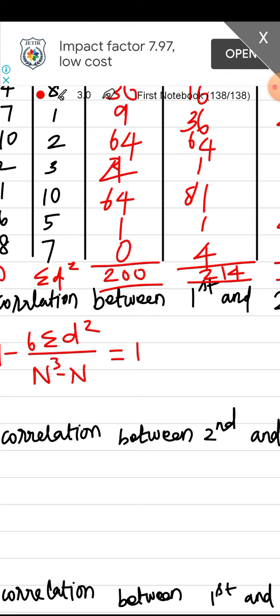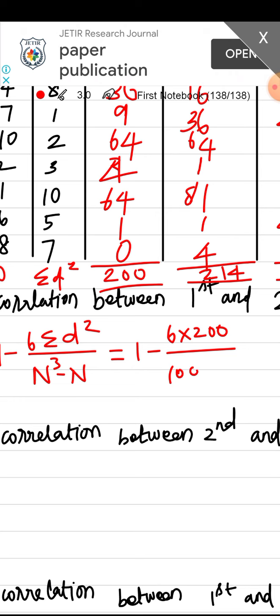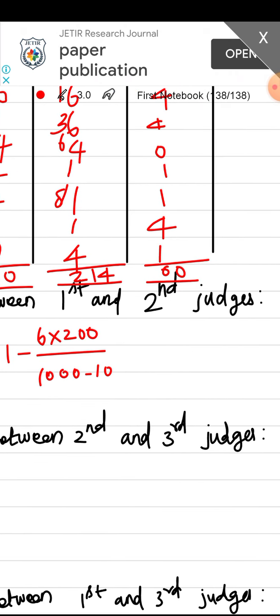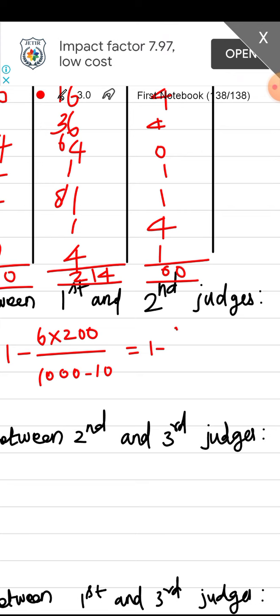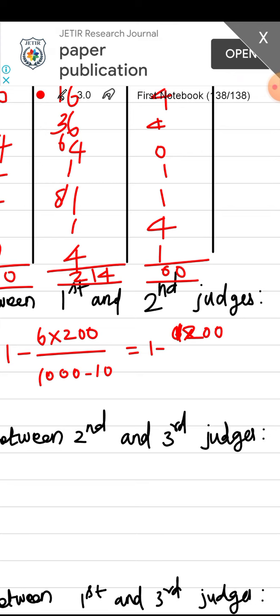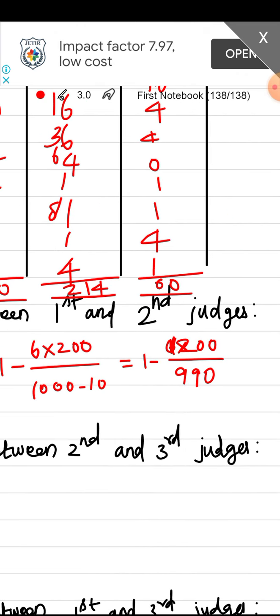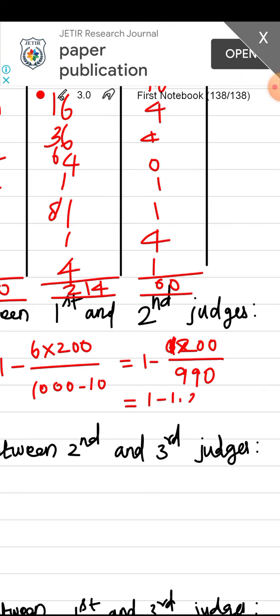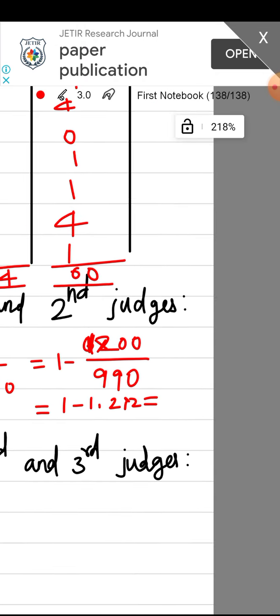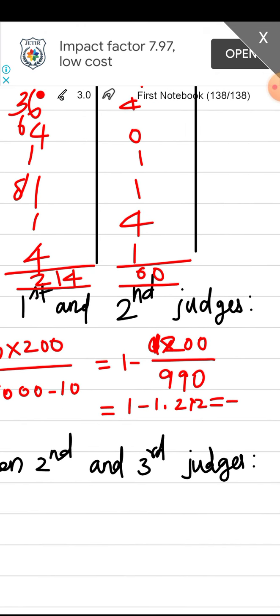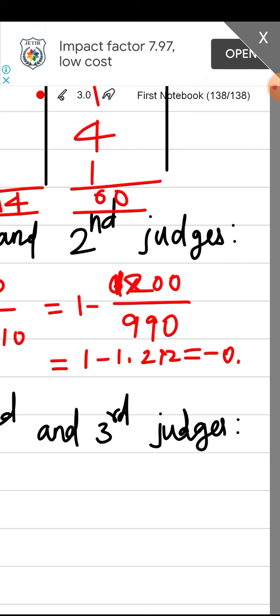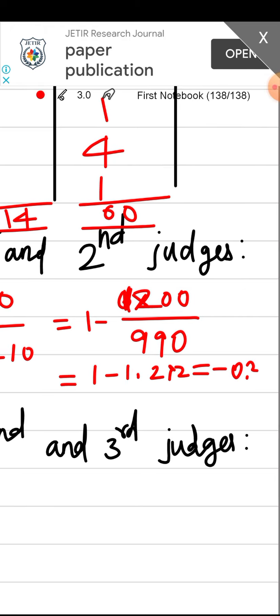So that is 1 minus 6 into 200 divided by 1000 minus 10, which is equal to 1 minus 1200 divided by 990. So which is equal to 1 minus 1.212, that is minus 0.212.